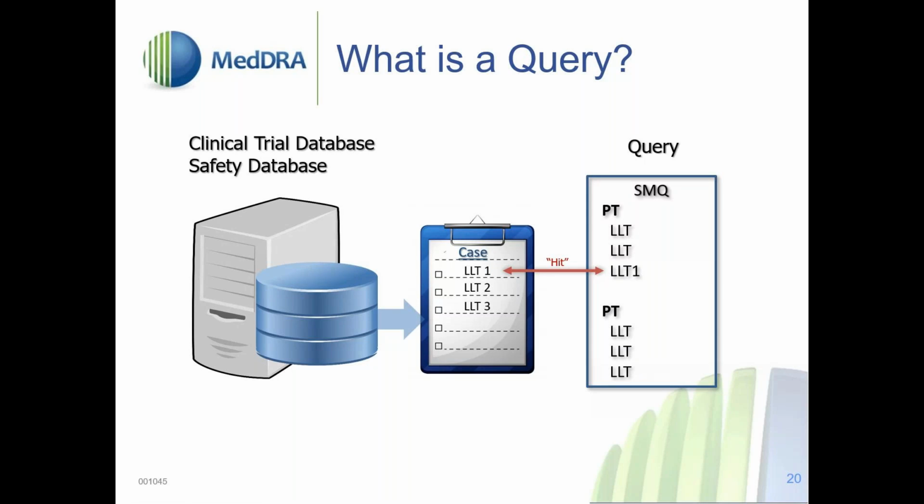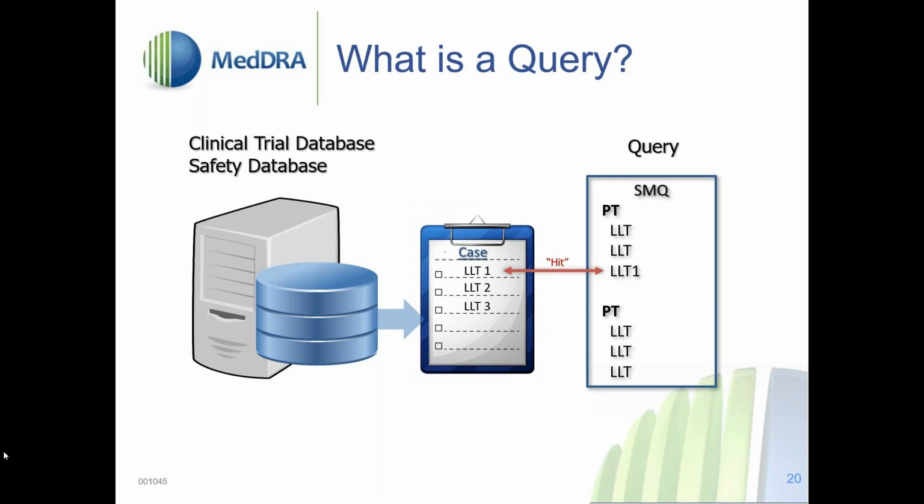And then if a match is found, this case will be retrieved and will be given to you in a certain way. So either as an output, or you might get all the cases in a certain repository within your database or your signal detection tool. So it depends on how your company is set up, where you would find those cases and how you would be given those cases.